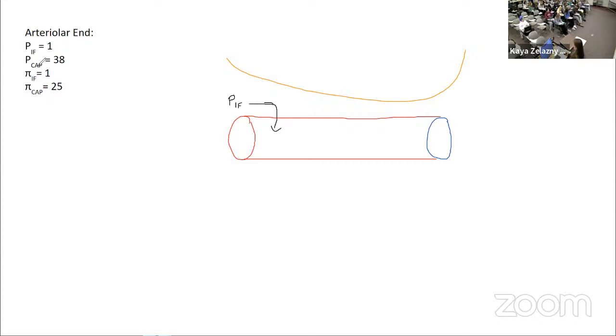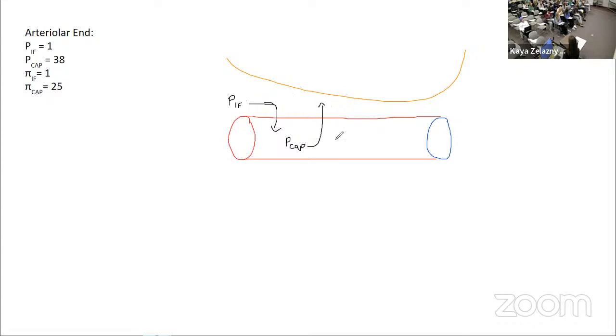Okay. So then we have our hydrostatic pressure from the capillary. So blood inside the capillary, what direction does that push? Okay, yeah, it pushes out. These are all happening at once.